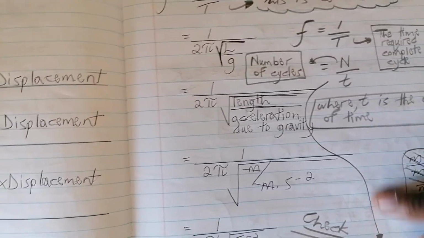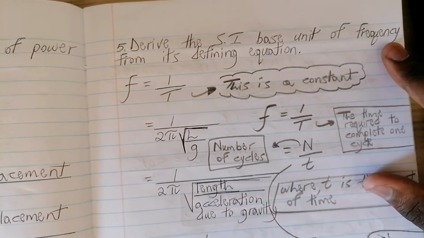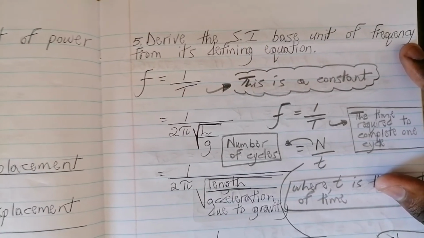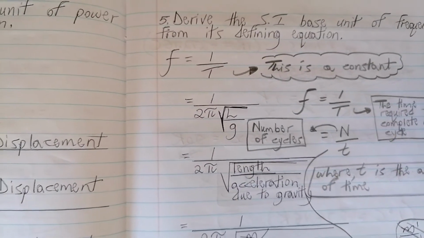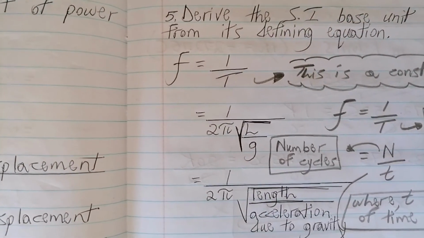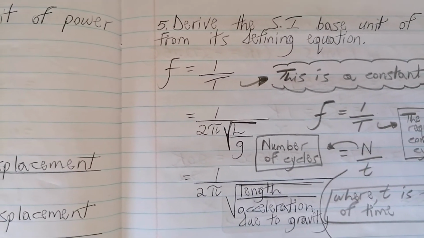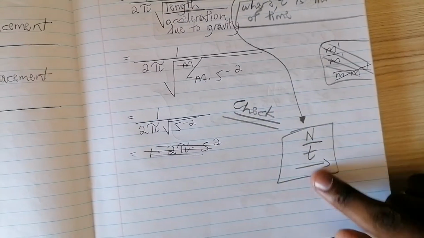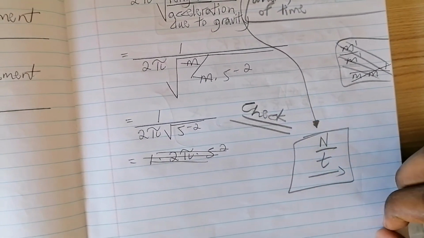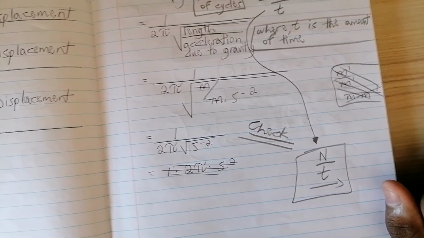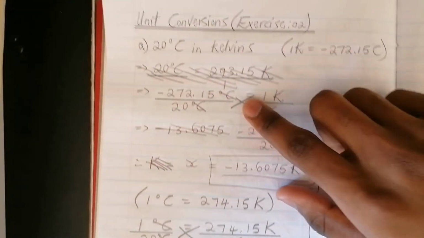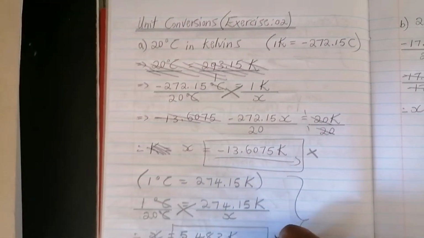I'm not certain about this, but I know that the SI unit for frequency is hertz, and hertz is s to the exponent of -1. That is the reason I say I still need to check this. As you can see, I wrote check, but that's what I did yesterday, and I also tried doing unit conversions.